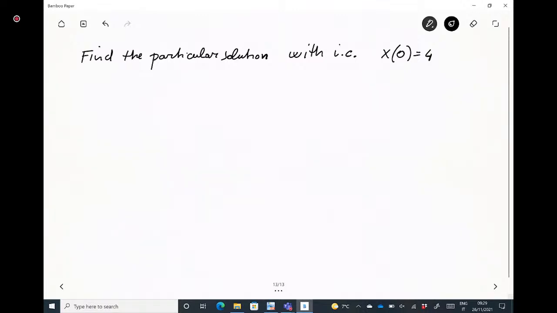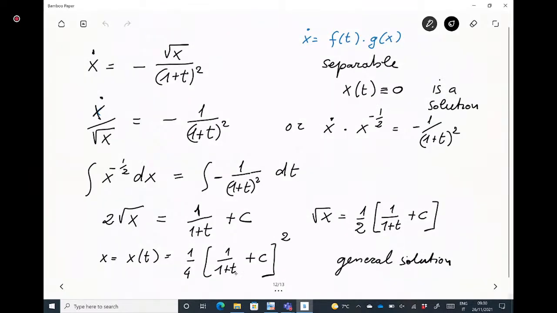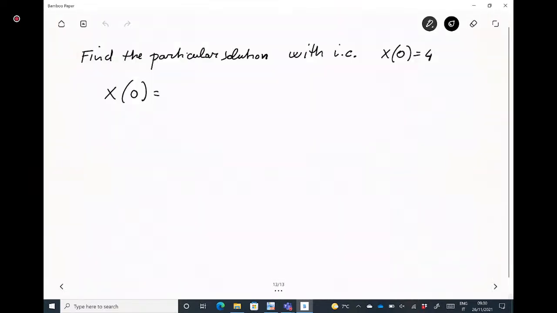So x at time 0, which is equal by our solution formula, putting t equal to 0, to 1/4 times (1 plus c) squared. This must be equal to 4.